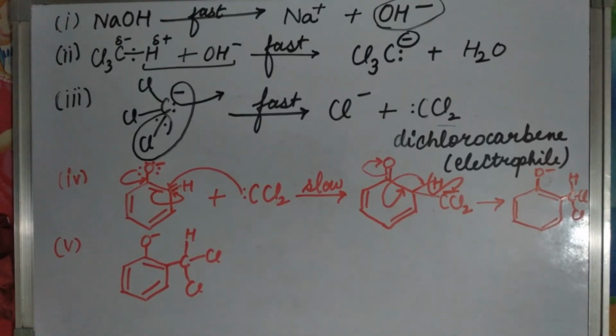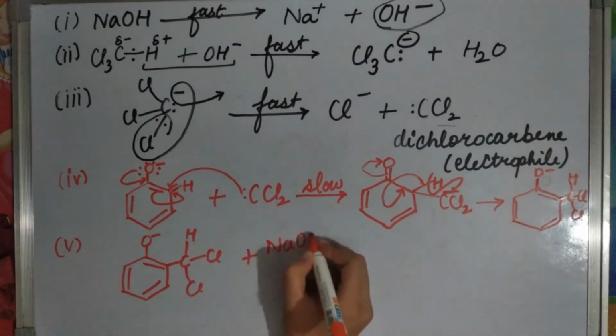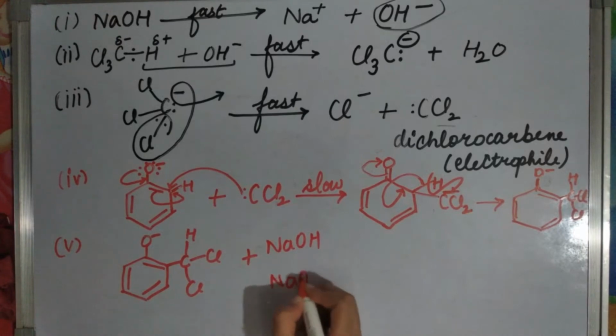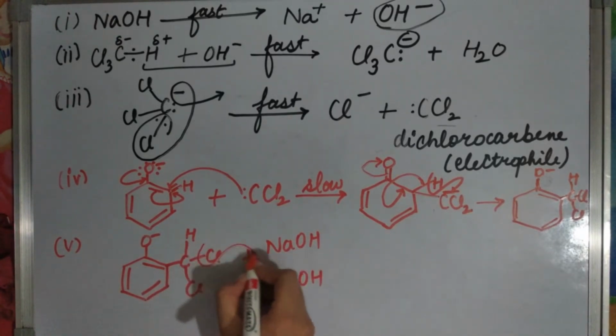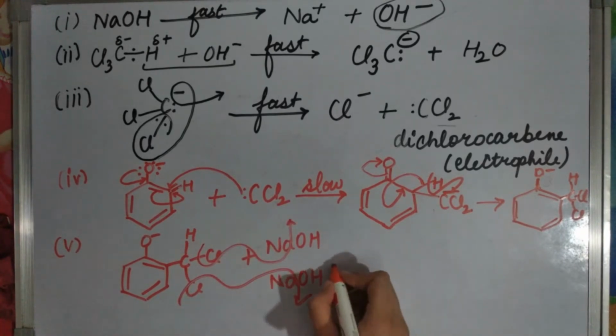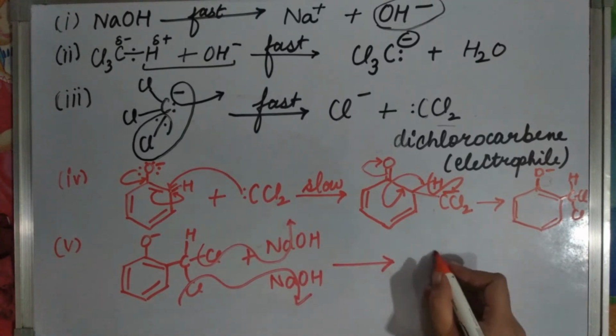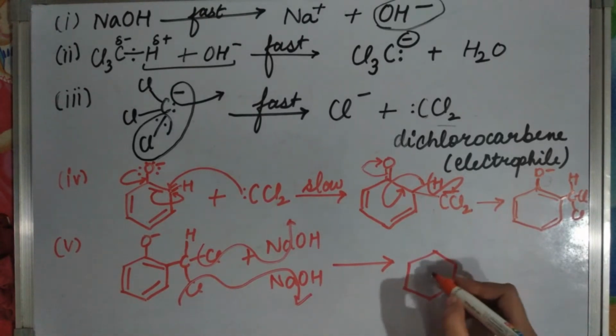Right? Now we will add 2 NaOH molecules as we have added in the last step of the reaction also. So here sodium chloride will be removed, 2 molecules, and we get this ring.